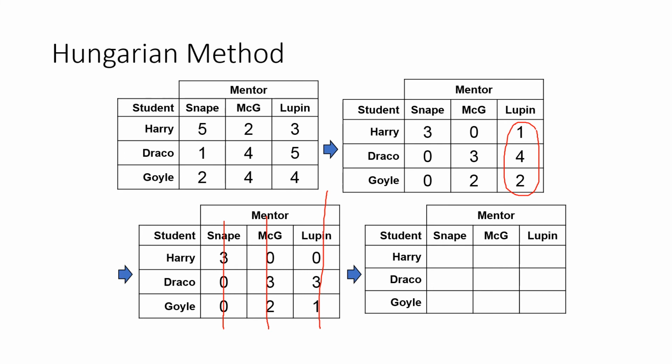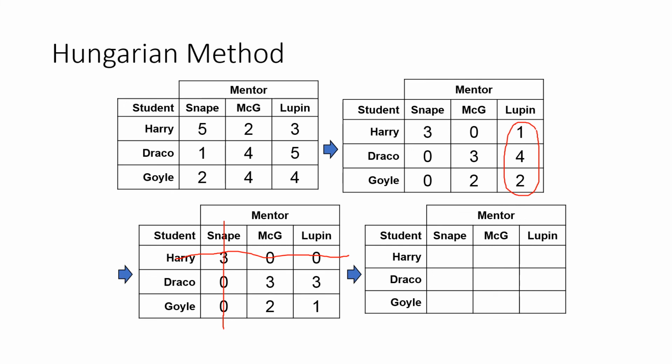It says try to use the minimum number. So the minimum number actually is found by covering the zeros this way, and then using a row to cover the zeros that way. So 2 is the minimum number of rows and columns used to cover all the zeros. Thus, this number 2 is not equal to n, the original number of students or mentors, and that means we cannot find the optimal solution right away.